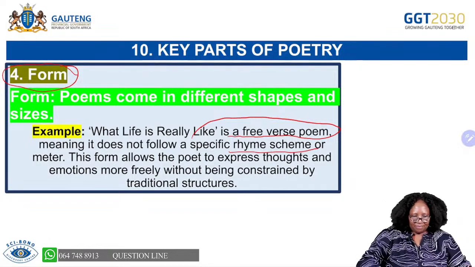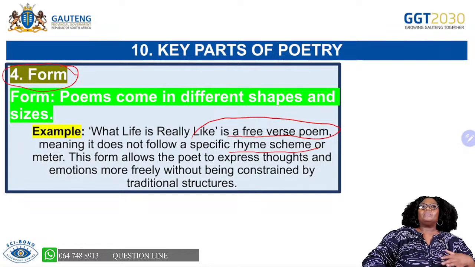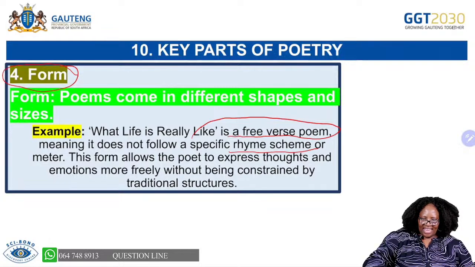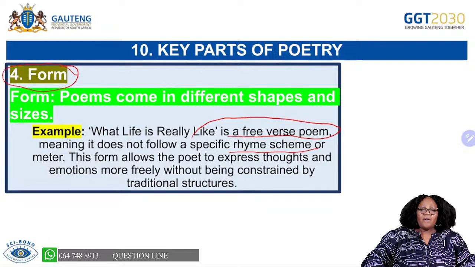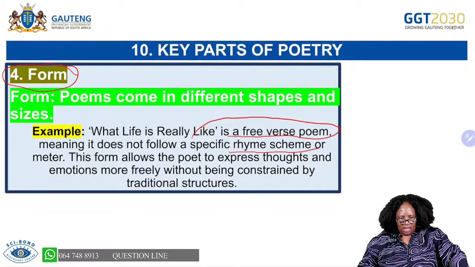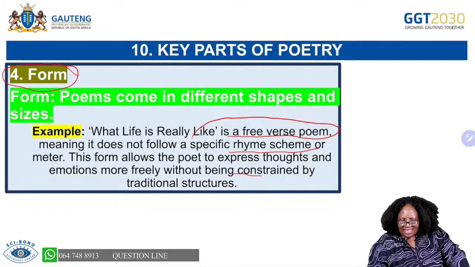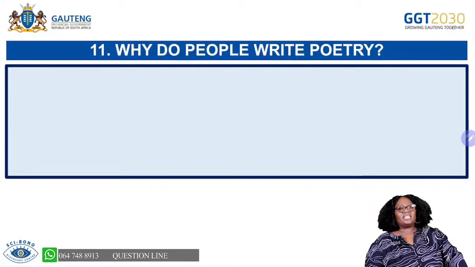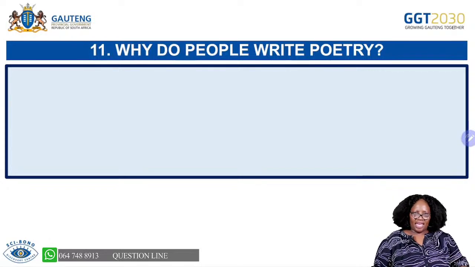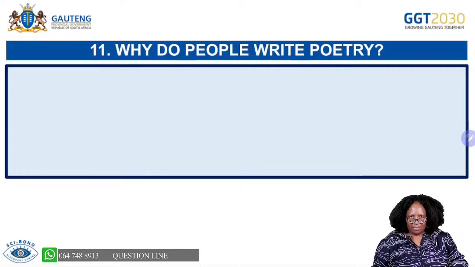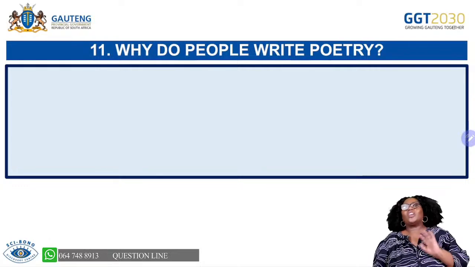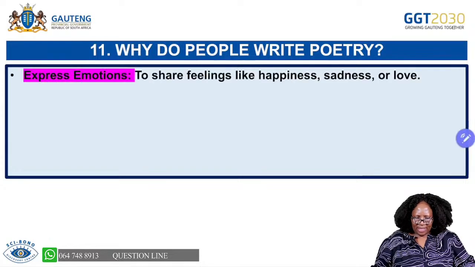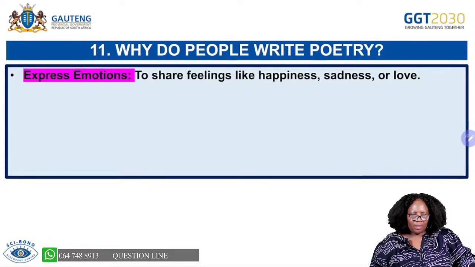Free verse allows the poet to express thoughts and emotions freely without being constrained by traditional structures, like having to follow an A, B, B, A, or B, B, B, A rhyme pattern, which you study at school with other poems, isn't it?